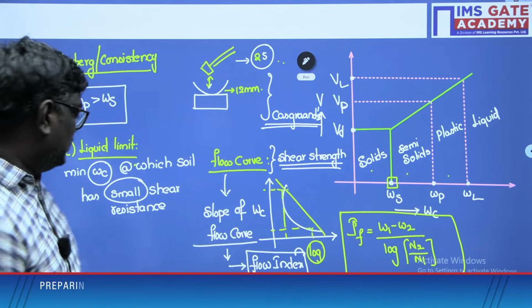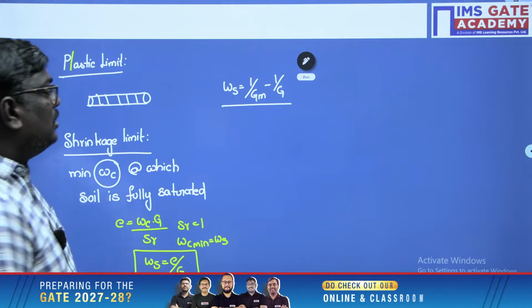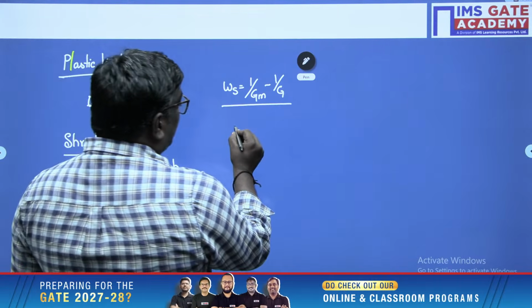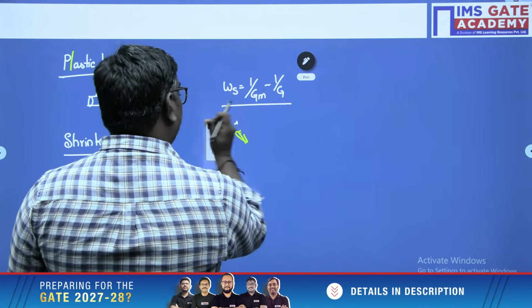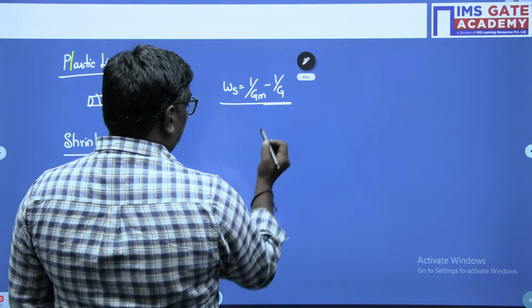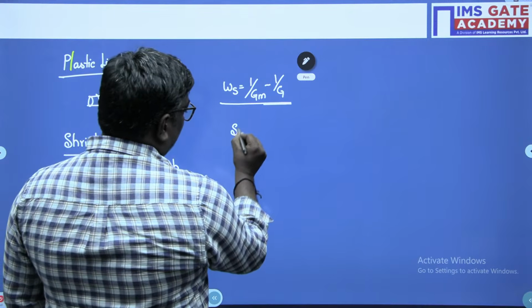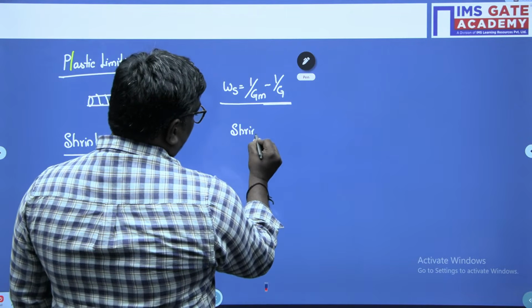Any doubts in this? So this is one more definition of shrinkage limit, sir. Now, we have volumetric shrinkage. Next one we have is shrinkage ratio.